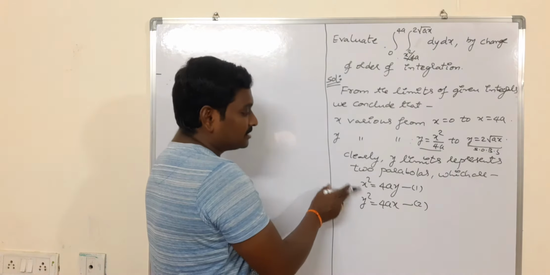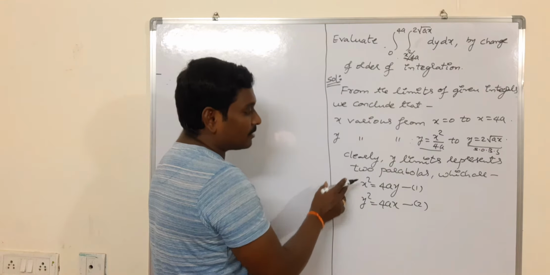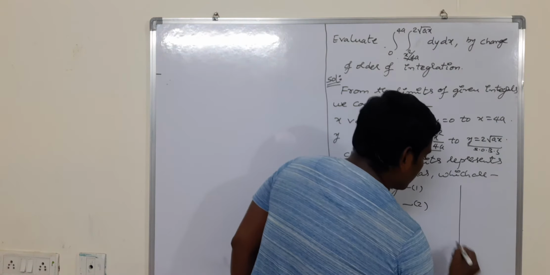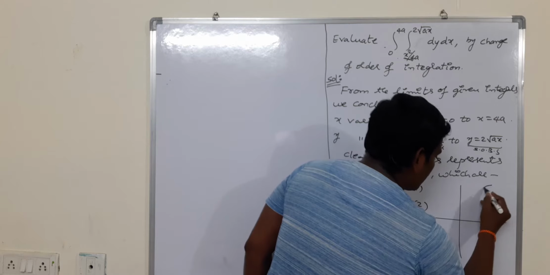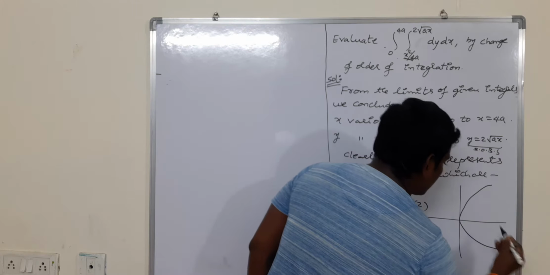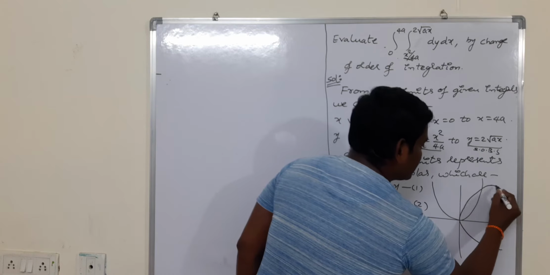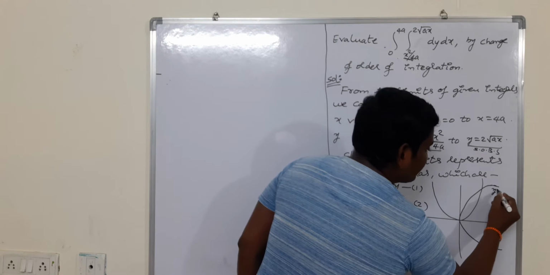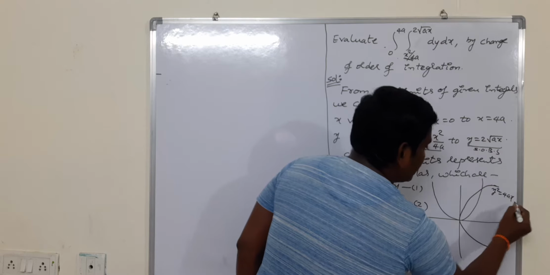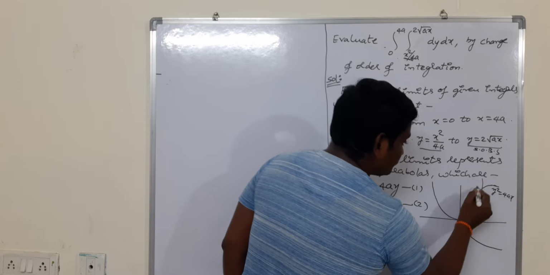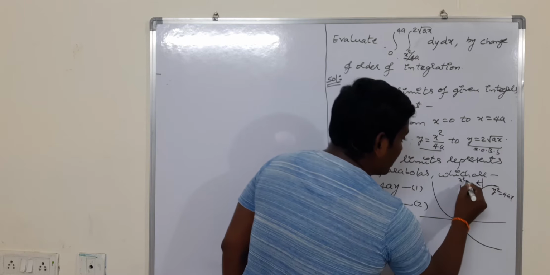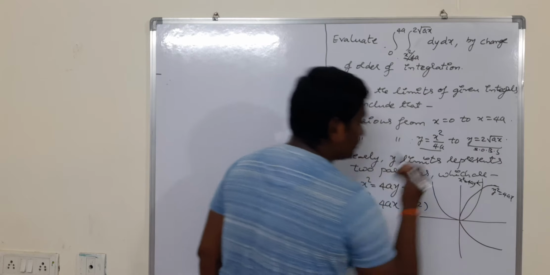This is a right-handed parabola, this is an upward parabola. Okay, this is y square is equal to 4ax, and this is upward parabola, x square is equal to 4ay.